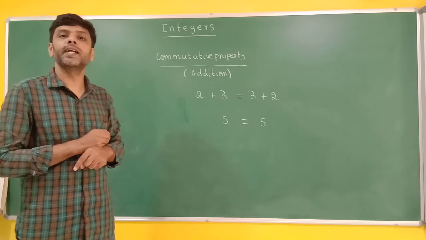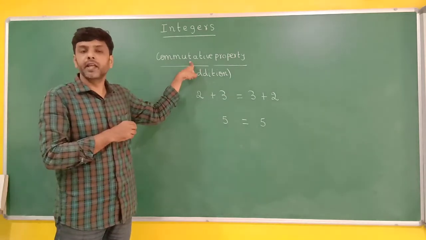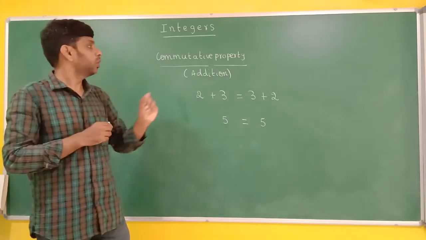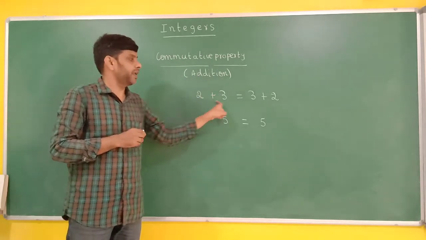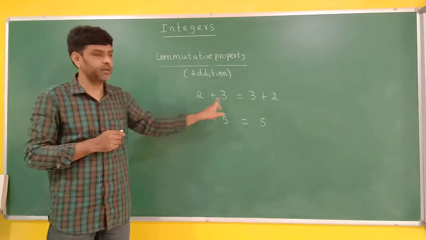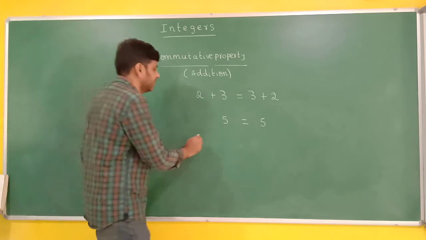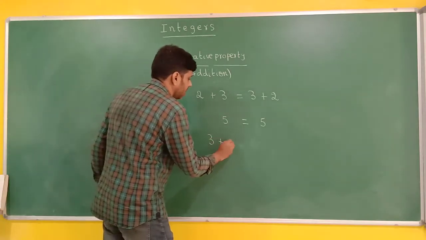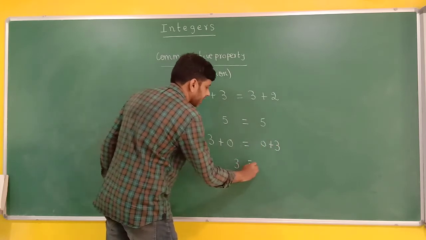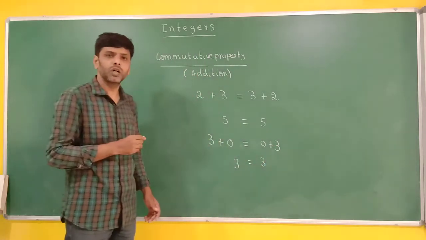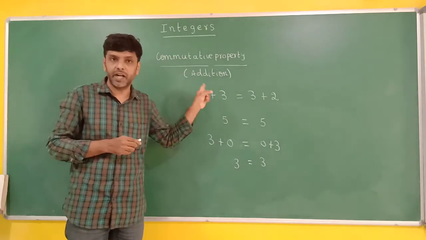So, we can tell that commutative property is true for addition of natural numbers. These are natural numbers. It is true for whole numbers also. I will give you one example. 3 plus 0, 0 plus 3. Here also we get 3, here also we get 3. So, for whole numbers also, commutative property is true for addition.